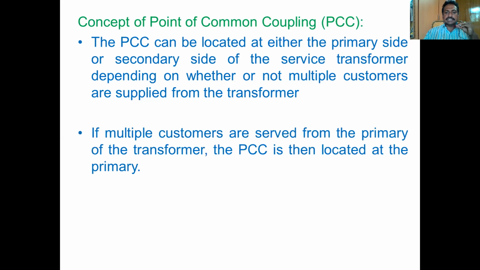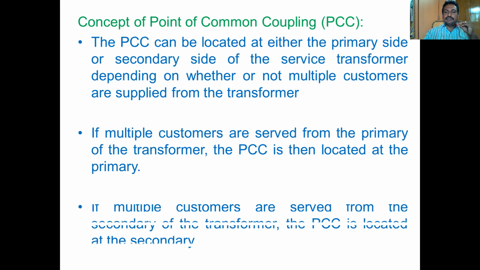If many customers are served from the primary side of the transformer, then the PCC is located at the primary side only. If multiple customers are connected or served on the secondary side of the transformer, then the point of common coupling is located at the secondary.